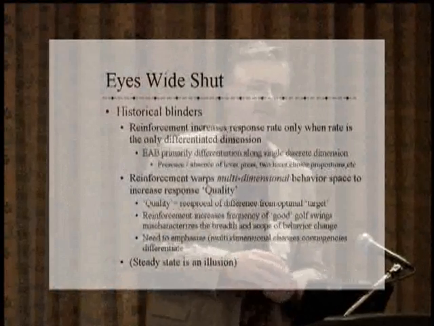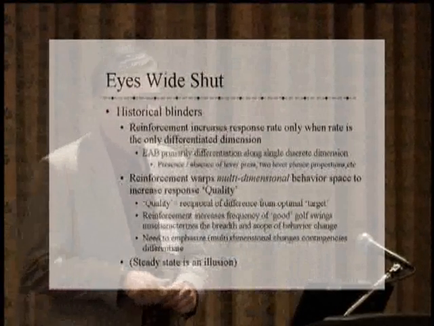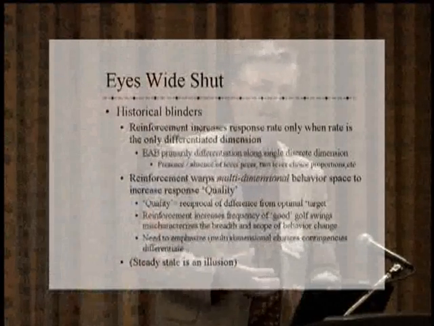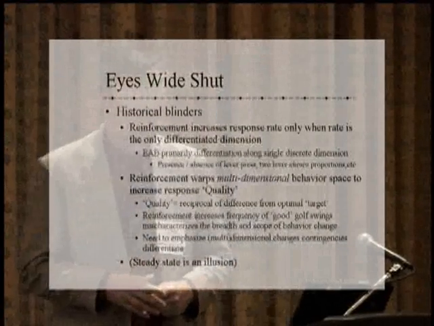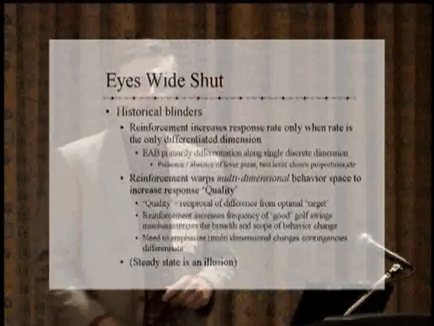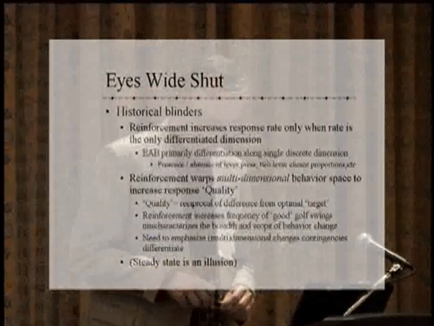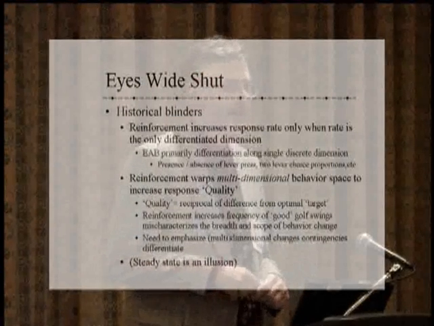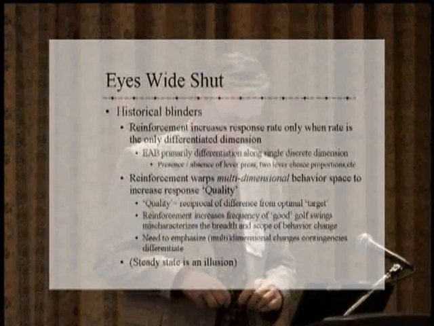I would like to suggest that we need to emphasize the dimensional changes that contingencies create, that they instantiate. And particularly, if somebody wants to get really good, we should start doing multi-dimensional behavioral analysis.